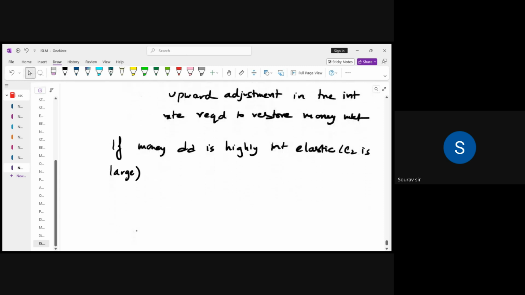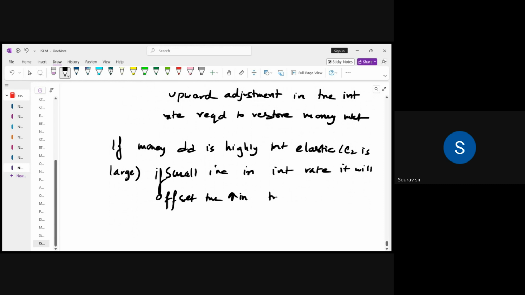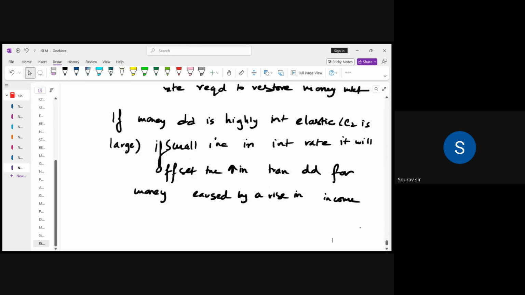So here, even a small increase in the interest rate will offset the increase in transaction demand for money, which is caused by a rise in income, that is from Y0 to Y1 to Y2.